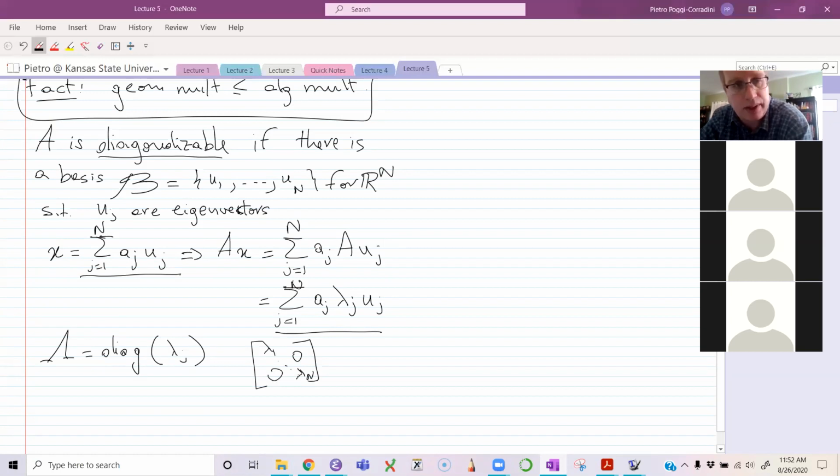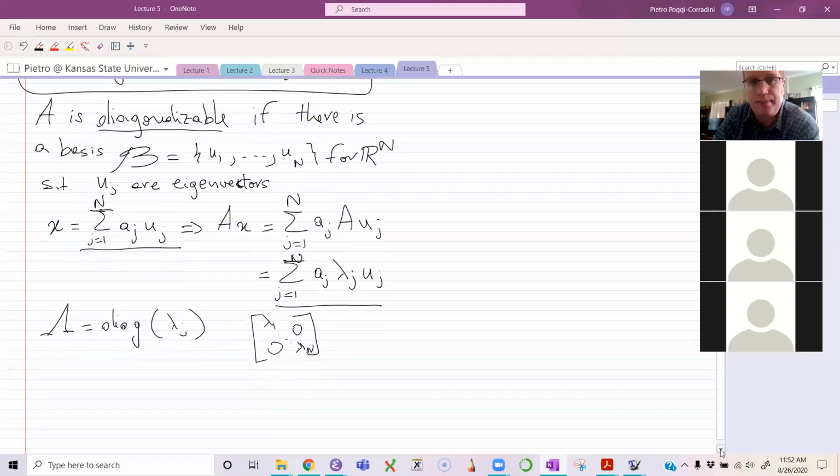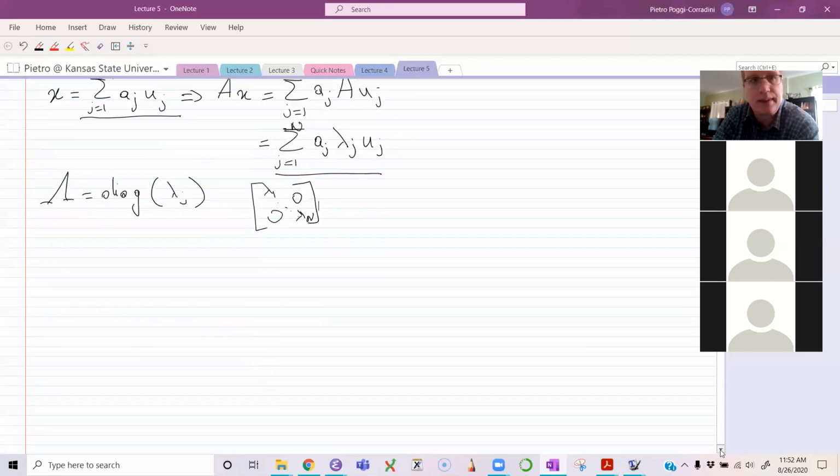So that's why we call it diagonalizable, because up to changing the basis, the matrix A becomes diagonal. And in fact, we can even be more precise here. This set of coordinates aj uniquely determines x because of the linear independence.